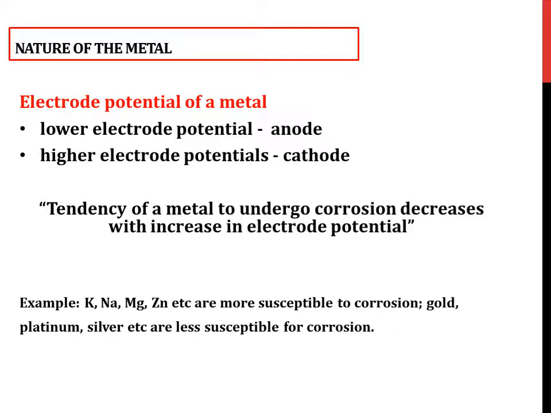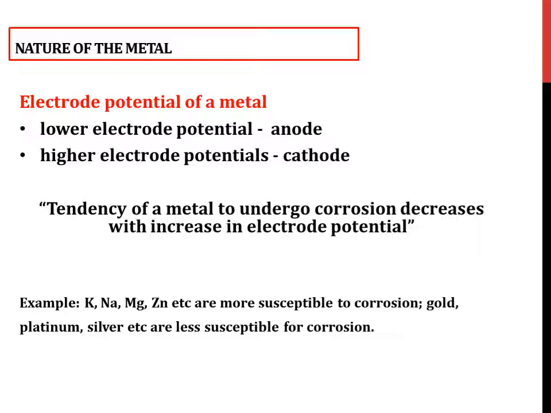The first factor is the nature of the metal. How does the nature of the metal influence the rate of corrosion? From the galvanic series, metals with lower electrode potential are more reactive than metals with higher electrode potential. The tendency of a metal to undergo corrosion depends mainly on the electrode potential.